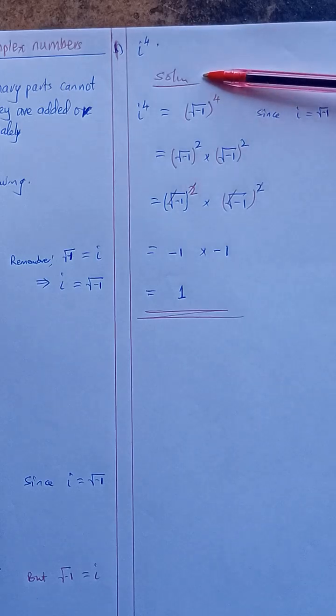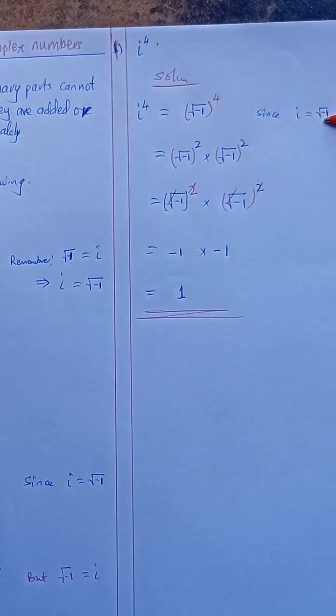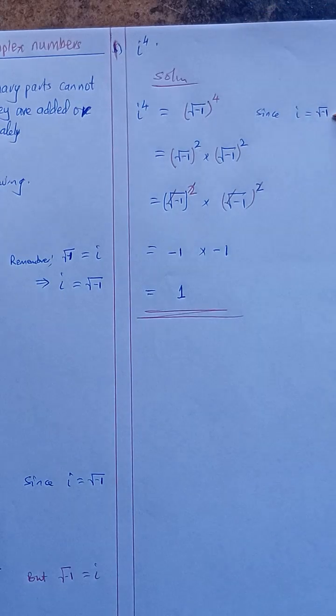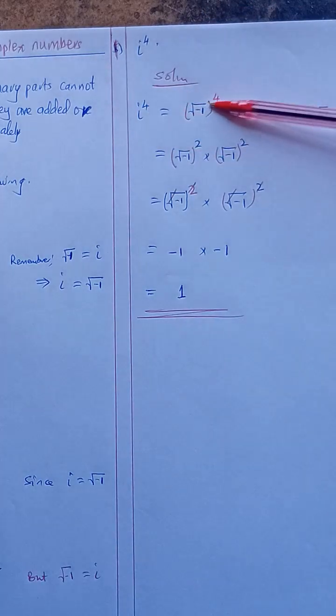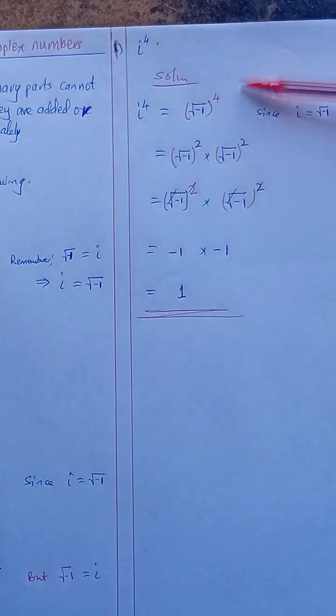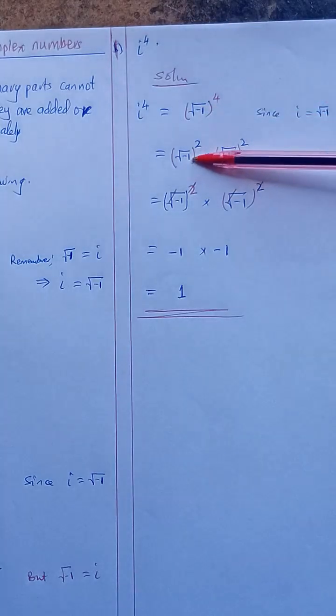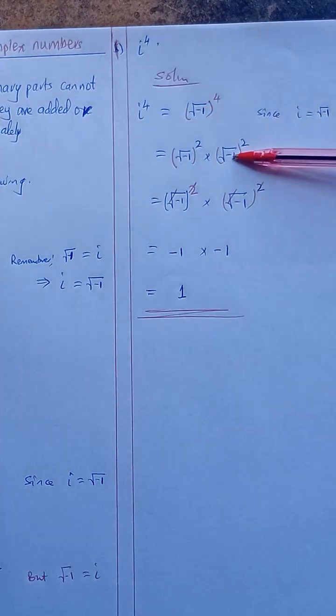In our solution, we know that if i has no power, it means the same as the root of -1, which has no power. And when i is to power 4, this root also has power 4. But power 4 means the root of -1 to power 2, then this side also to power 2.